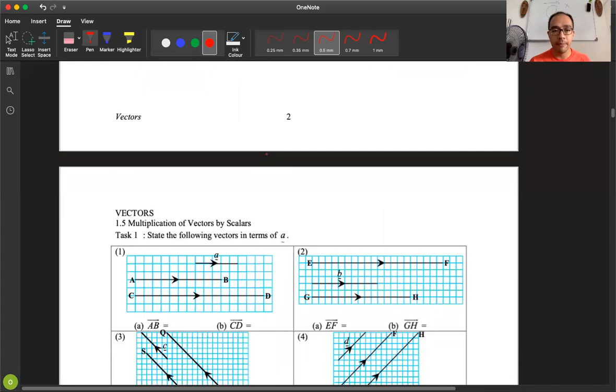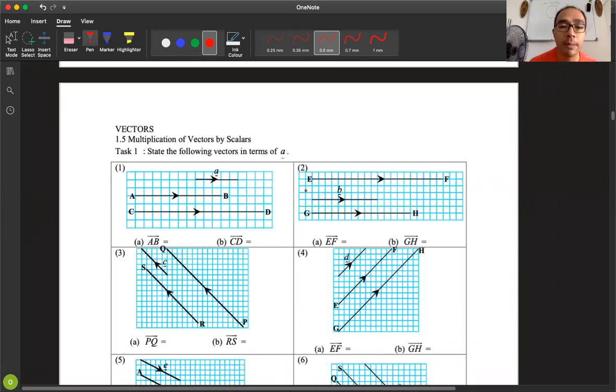Okay, right. Next one is multiplication of vectors by scalars. What this means is if I multiply a vector by a certain number. This is very normal. So for example, in this case, state the following vectors in terms of A. A is a vector which is going to the right and has 1, 2, 3, 4, 5 squares.